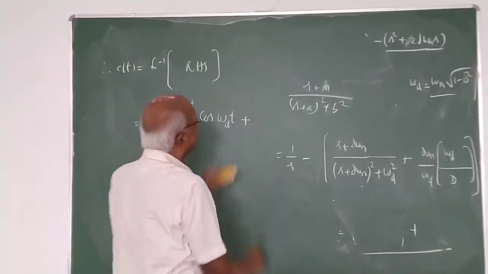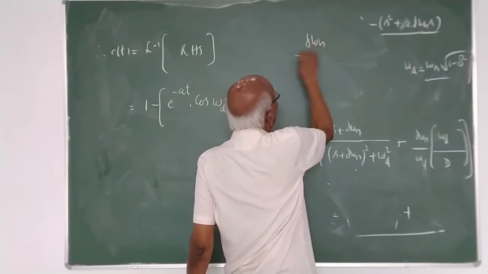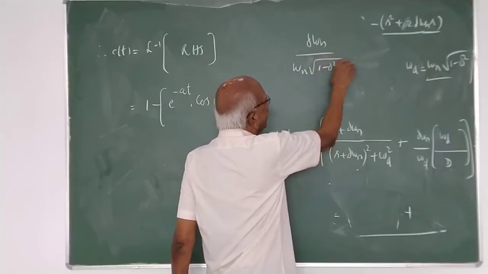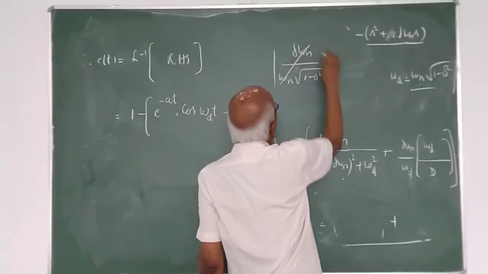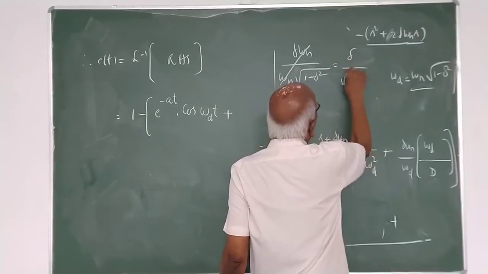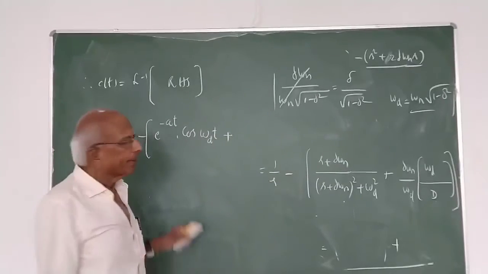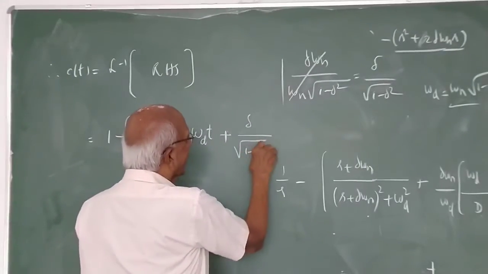Plus, similarly the second term. What is delta omega n by omega d? Omega d is nothing but omega n root of 1 minus delta square. Omega n gets cancelled. This is delta over root of 1 minus delta square. So we write it as delta over root of 1 minus delta square.